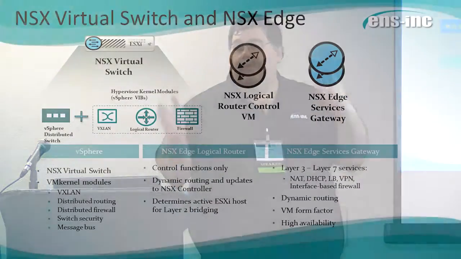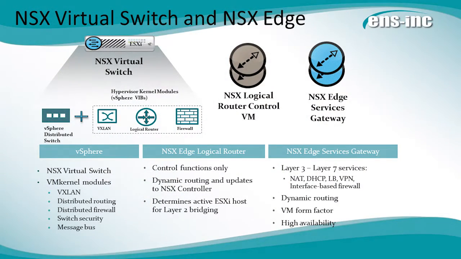And that edge is the control VM, not the edge services gateway. It's just unfortunate reuse of the term. So in any case, those are the components. Again, the NSX virtual switch is your VMware distributed switch with the kernel modules on the host.